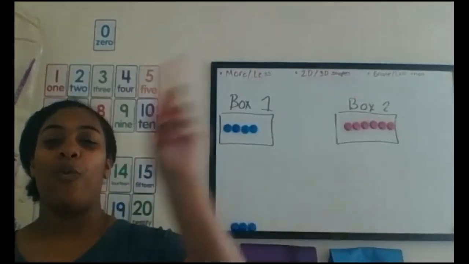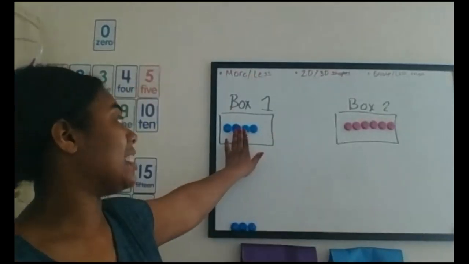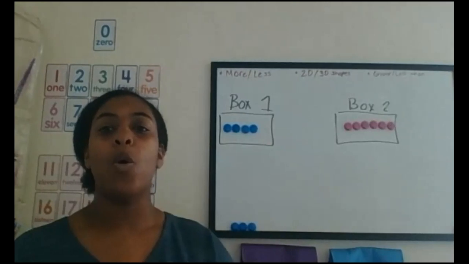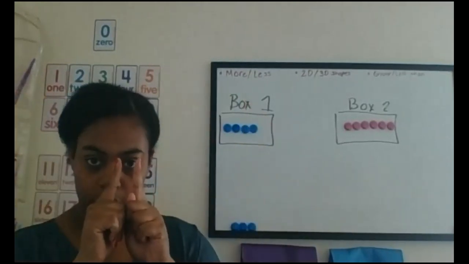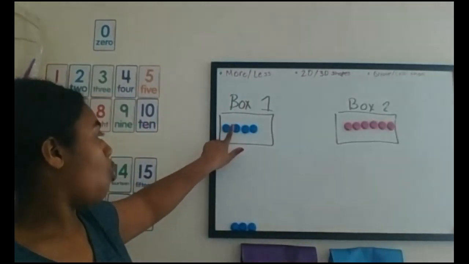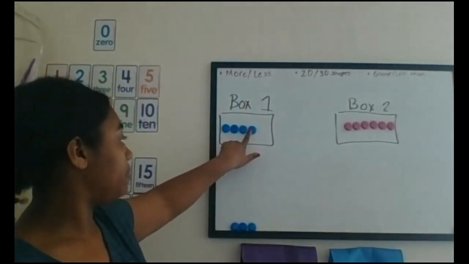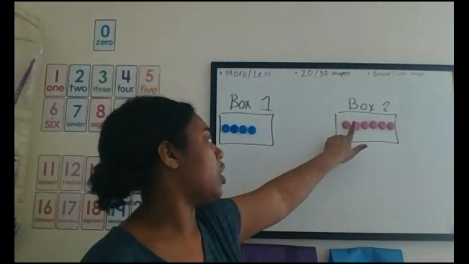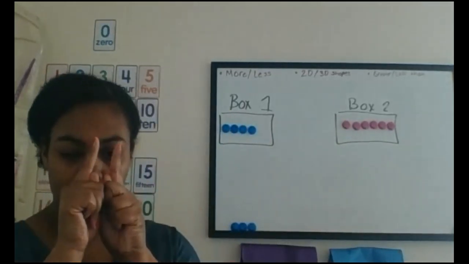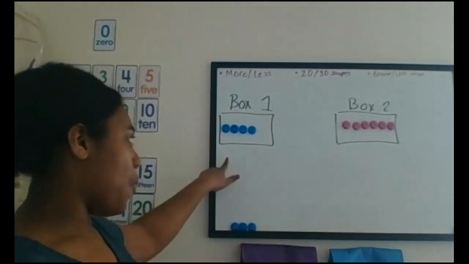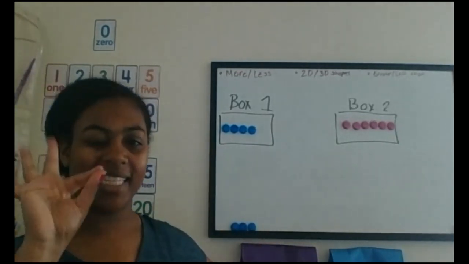You should be holding up 1 finger because box 1 has less magnets. More means the bigger number, less means the smaller number. Box 1 has 1, 2, 3, 4. Box 2 has 1, 2, 3, 4, 5, 6. Which number is smaller? 4. Excellent.